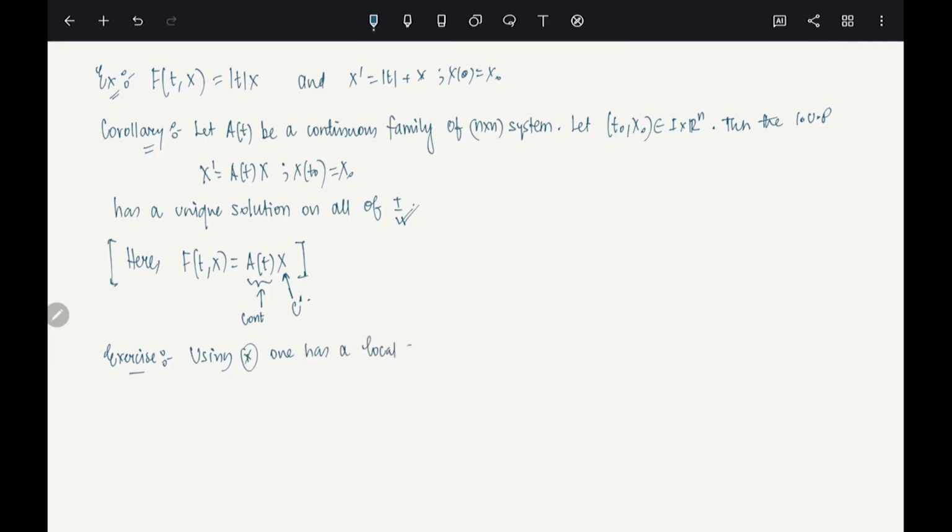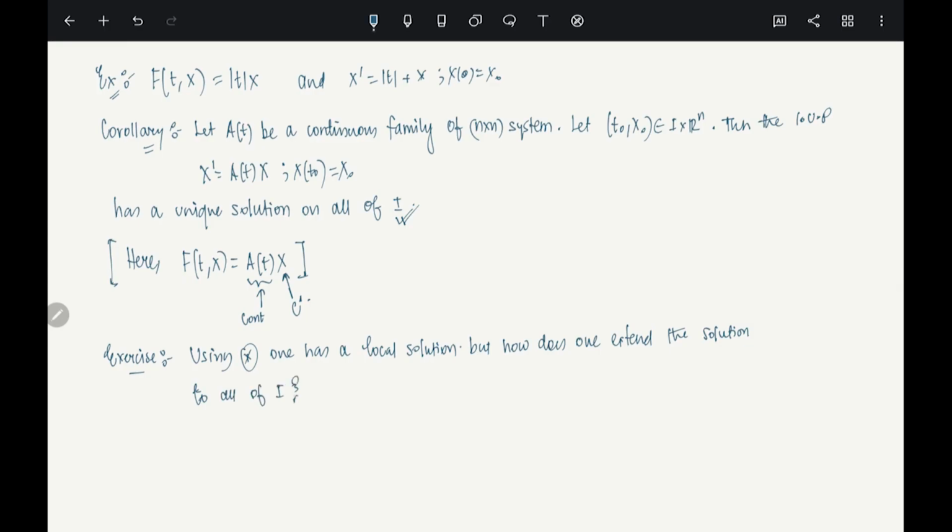So basically in (t naught minus epsilon, t naught plus epsilon) there is a solution. But how does one extend that solution to all of I? I hope you understand.